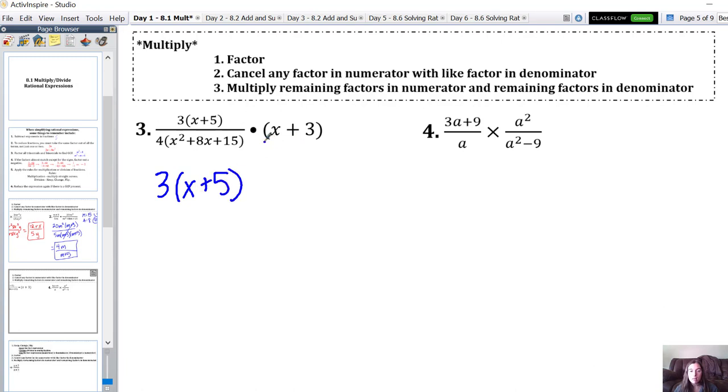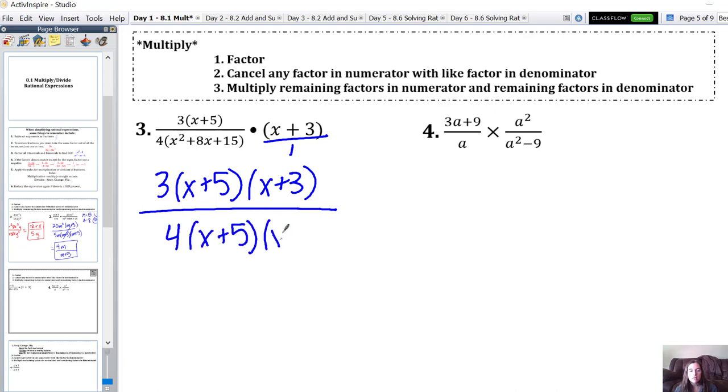I'm multiplying by x plus 3 over 1. So I've got x plus 3 on top, over 4 times x plus 5 times x plus 3. In this case, both of those factors are going to be canceled out, so we're left with 3 over 4.